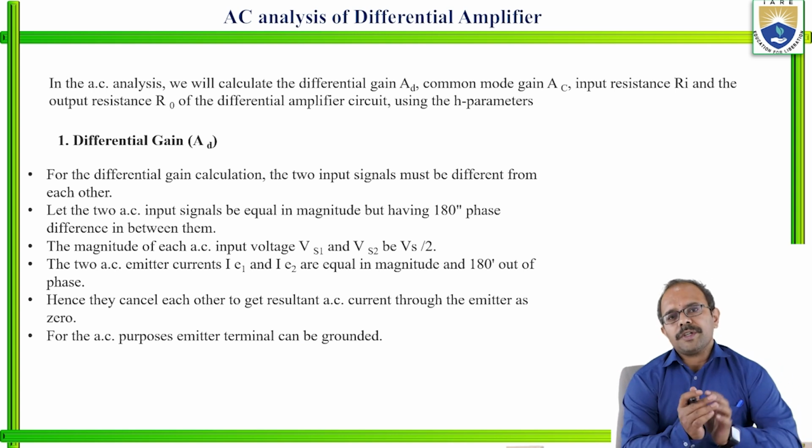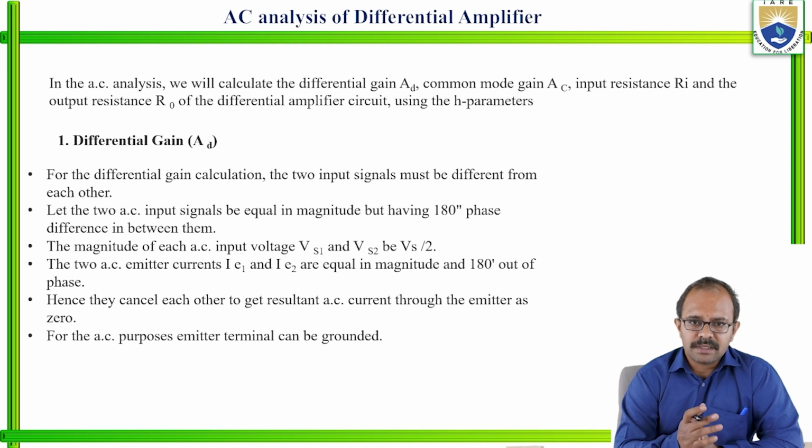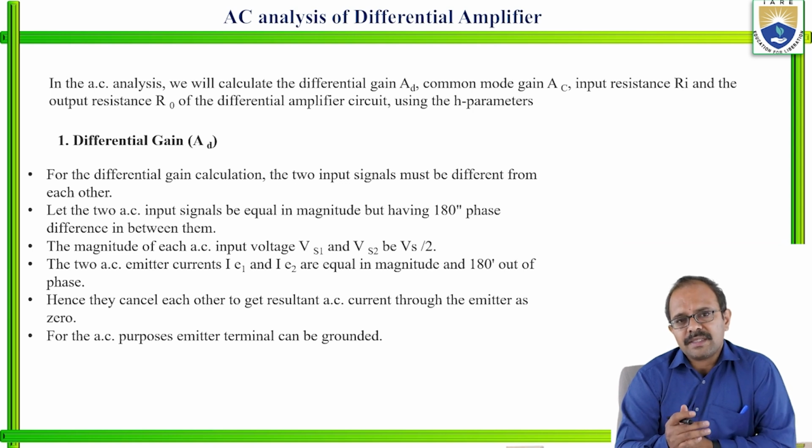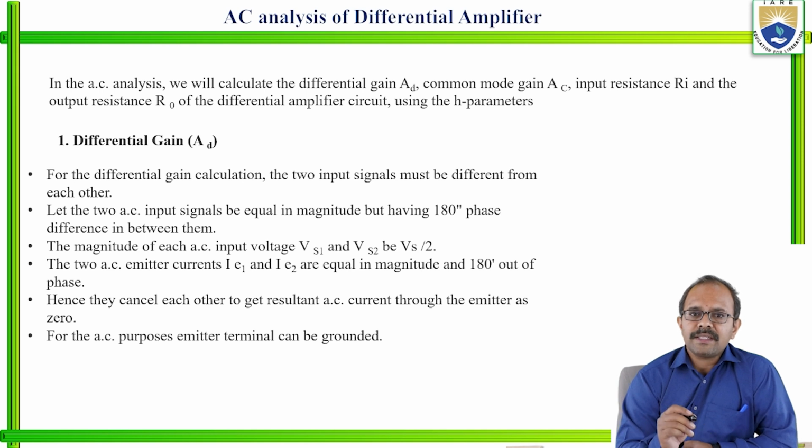Now we are going to perform the AC analysis. Always remember, the amplifier analysis is carried out in DC mode as well as in AC mode. In the DC analysis, we fix the Q point of the amplifier, that is, the operating point of the amplifier.